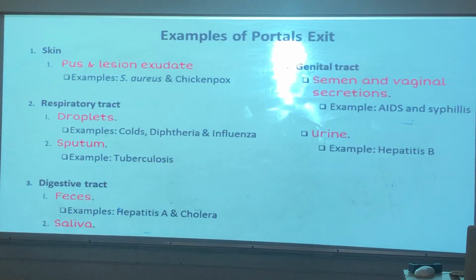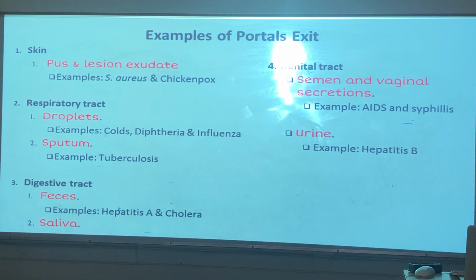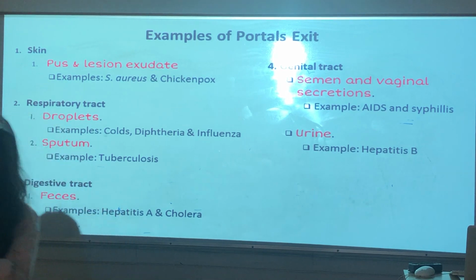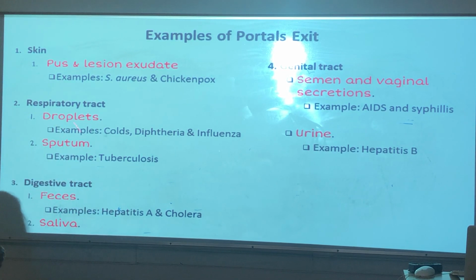So they will exit. How do they exit? If the organism is in the skin, they will usually leave through the skin, through pus or lesion exudate. Again, their goal is to find another host where they can survive. So they'll keep jumping to other hosts. If they enter through the respiratory tract, chances are they'll leave through the respiratory tract, so they may leave in droplets or sputum.